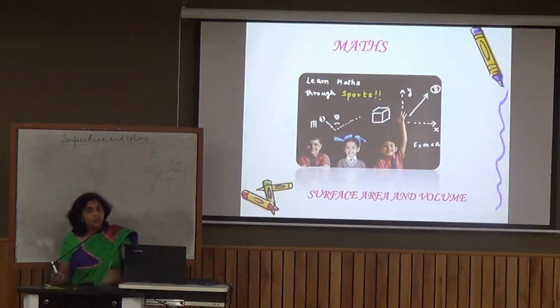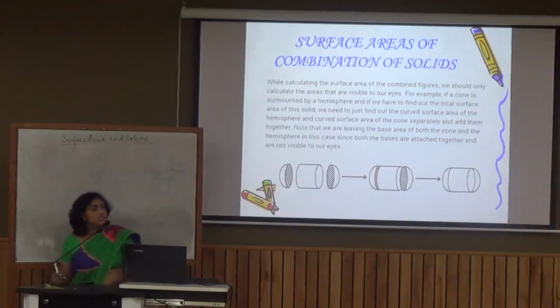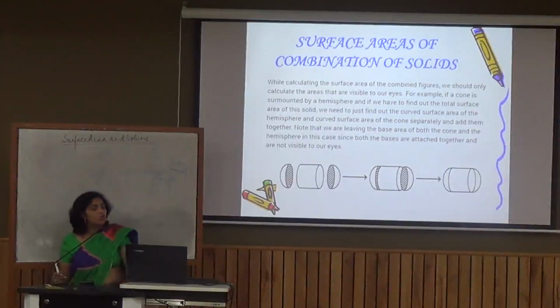When we combine two shapes, similar shapes or different shapes, we get a new solid figure, and that is what we are going to study for class 10. So we come across a cylinder and a hemisphere, then a capsule, which is a combination of a cylinder and two hemispheres attached to both the ends.